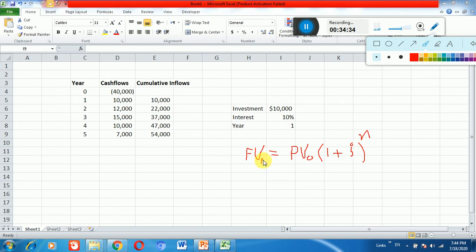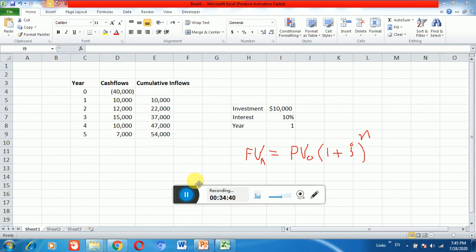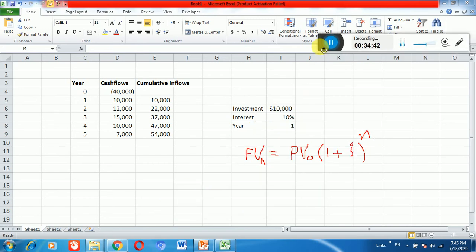So dear students, I'm just using this formula here. The future value of this project is equal to the present value. How much is the present value? It is $10,000 times 1 plus i, the interest, which is 10%. You can write 10%, or you can also write 0.1, whatever you like.